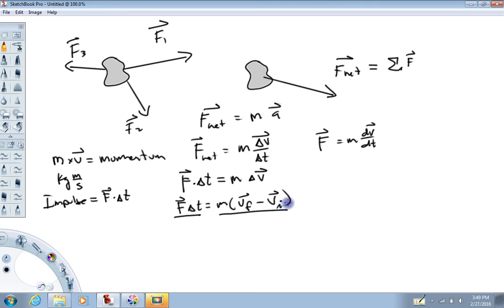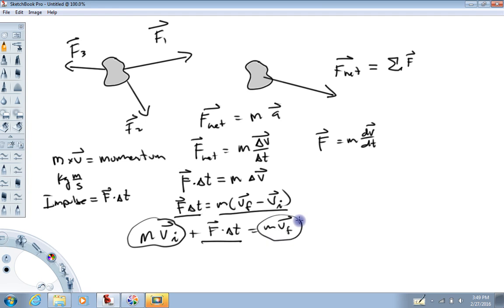All right. This equation, it's pretty easy to show, by multiplying by m and rearranging, that basically says mv initial plus F delta t equals mv final. What this equation is saying is that when you take a system, if you know its initial momentum, mass times velocity, plus any impulse added on the system, now you have the final momentum of the system.